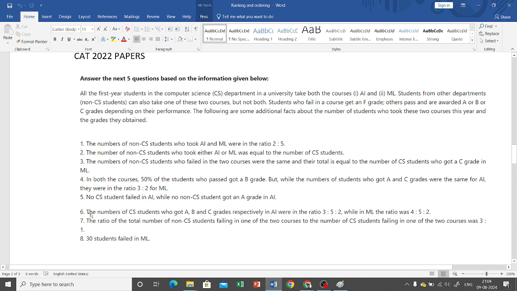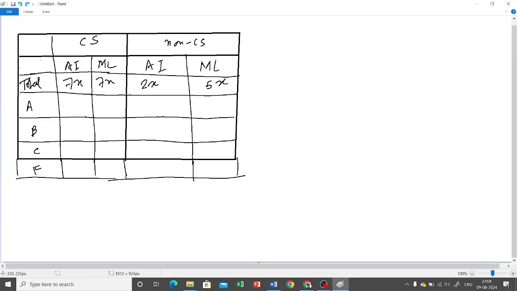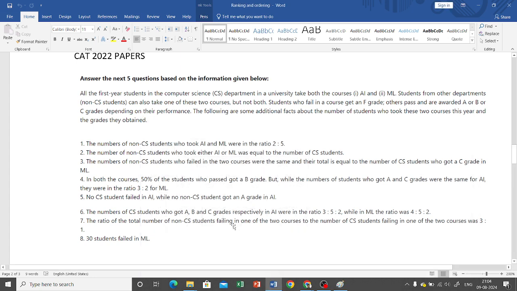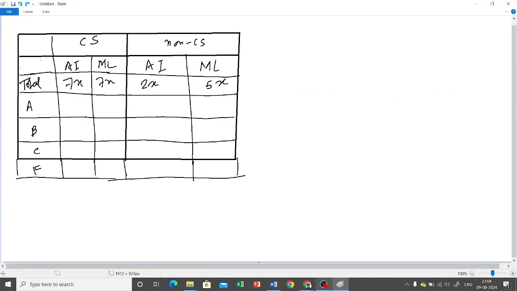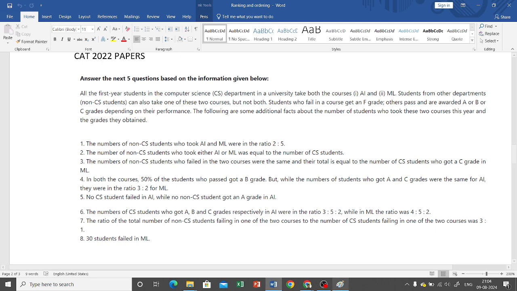Okay, I can see information number 6 because there again some specific ratios are given. The number of CS students who got A, B, C grades respectively in AI were in the ratio 3:5:2. Come to information number 6, Niladri. The number of CS students who got A, B, C in AI are in the ratio 3:5:2.